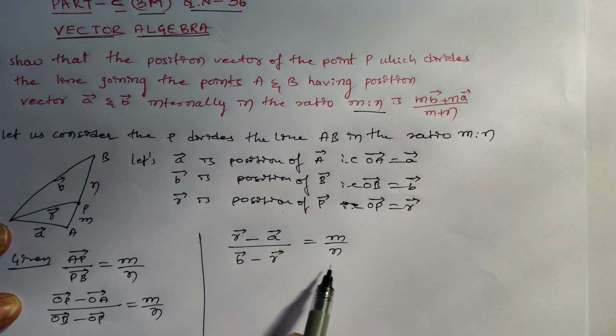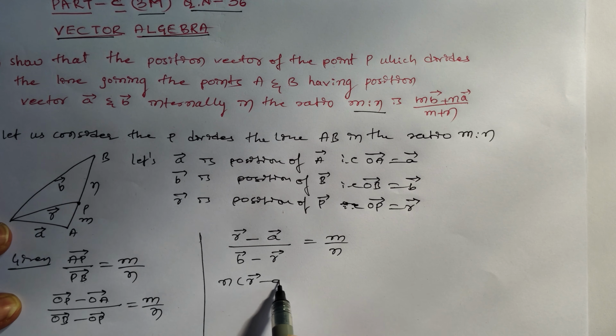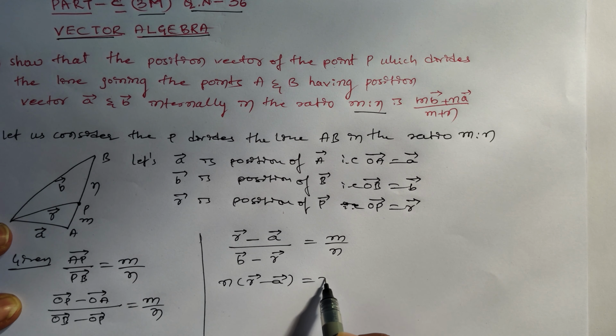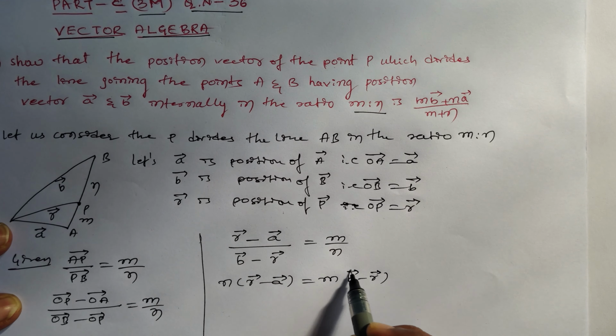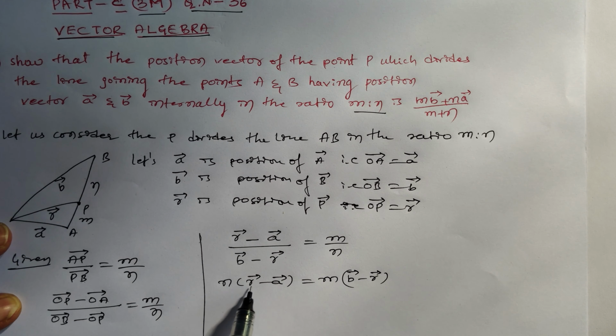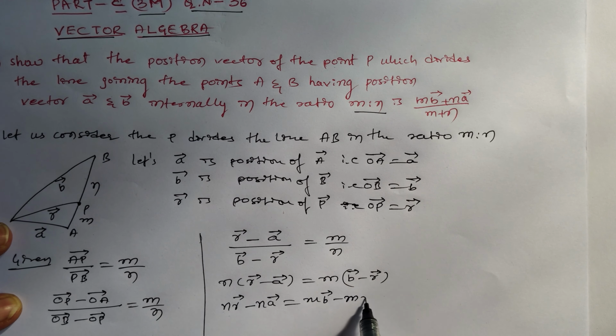Okay, now cross multiply. What happens? Simple: n into R vector minus A vector is equal to m into B vector minus R vector. Okay, right. So multiplying inside by n, n R vector minus n A vector equals m B vector minus m R vector.